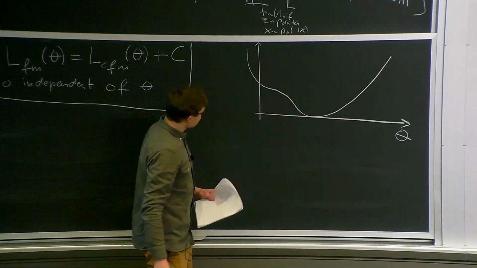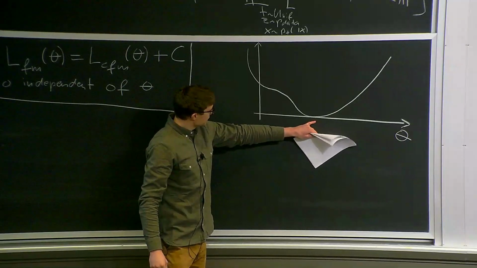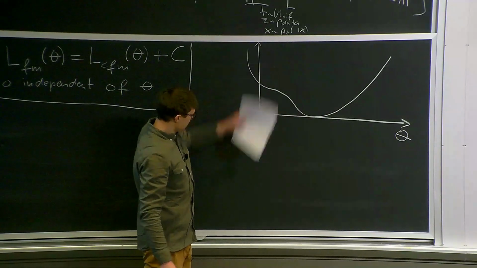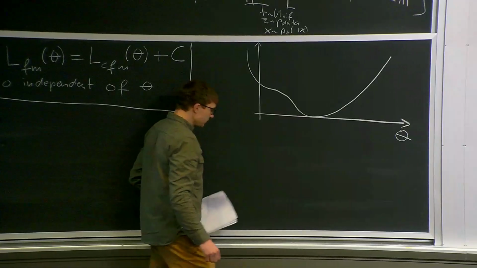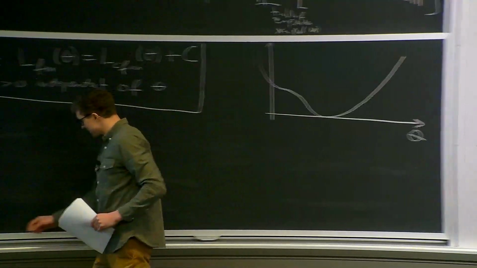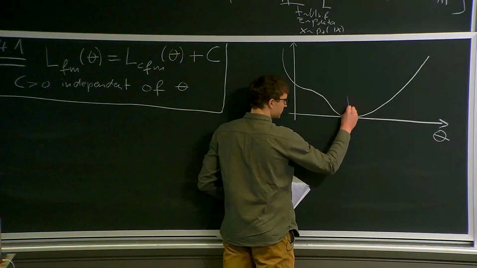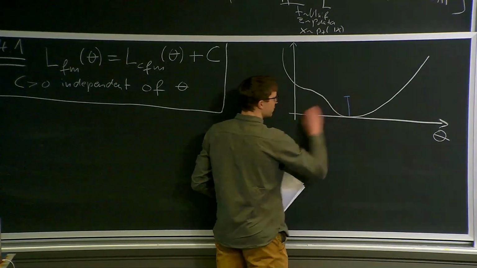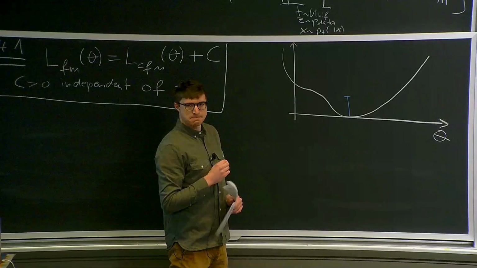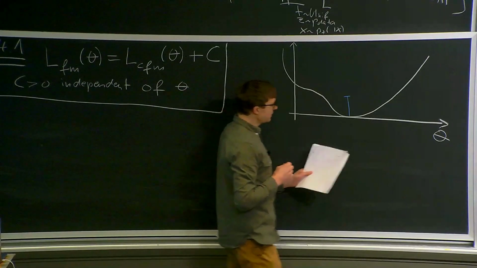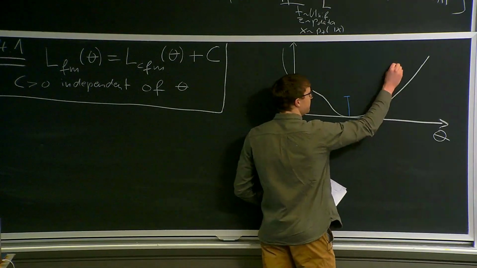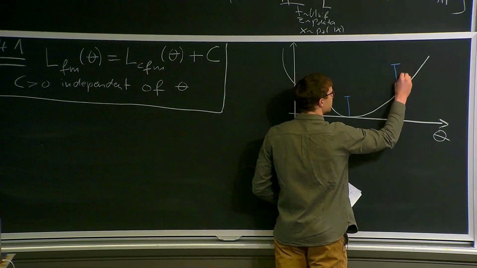It has some minimum, whose minimizer is the marginal vector field. And then what this theorem says is that there's some constant c, which basically describes the gap to the conditional flow matching loss. And that gap is independent of theta, so it's going to be the same at every point.